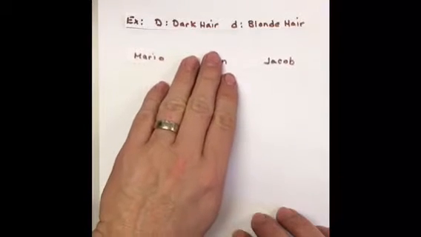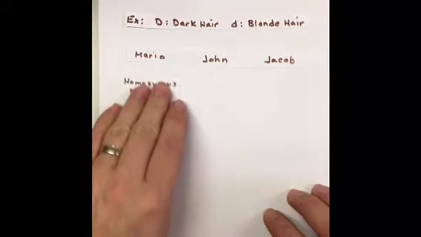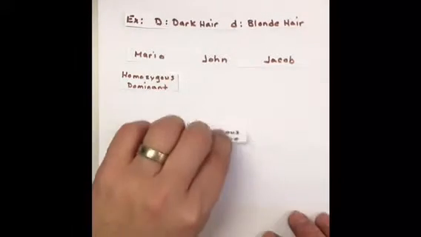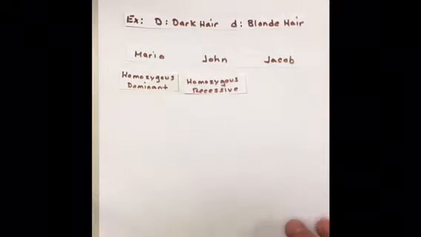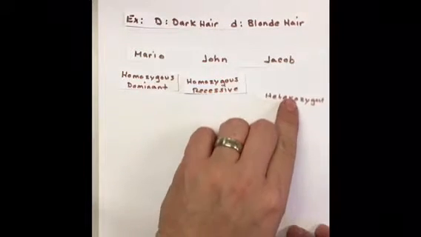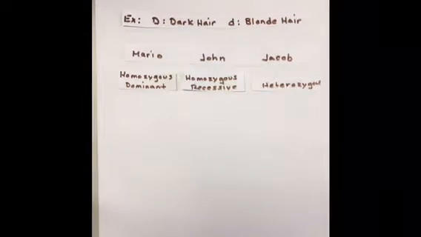So let's imagine that we have three people, Mario, John, and Jacob. Let's imagine that Mario was homozygous dominant, John was homozygous recessive for hair color, and Jacob was heterozygous. Now, how would we write their genotypes?